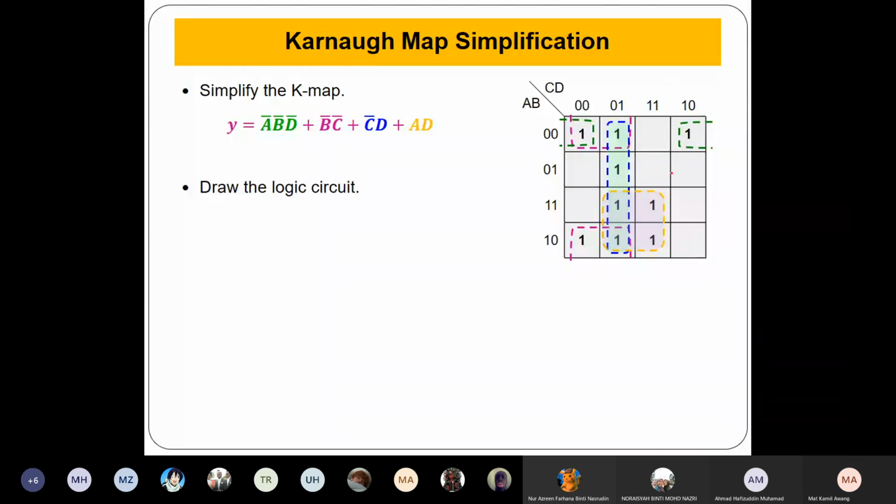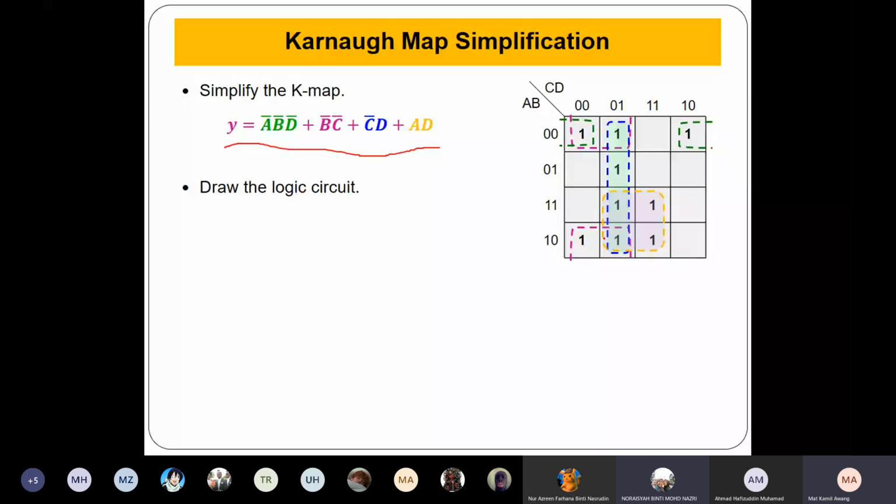From this grouping, then you write the simplified expression. The green one is basically this. The blue one is C bar D, because the A and B are all changed. The red one is B bar, C bar.